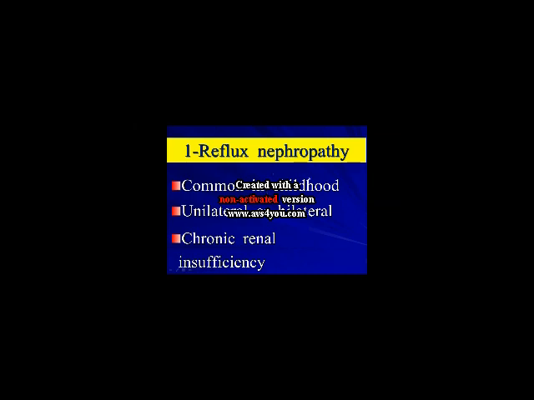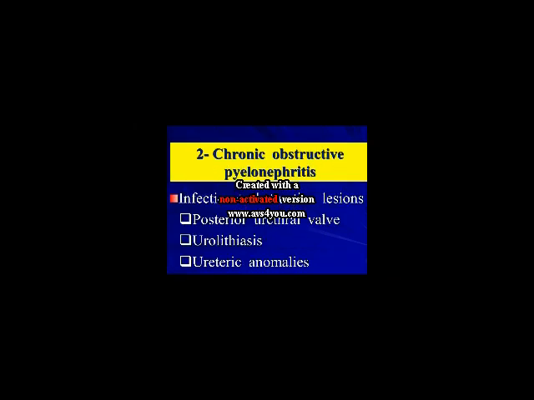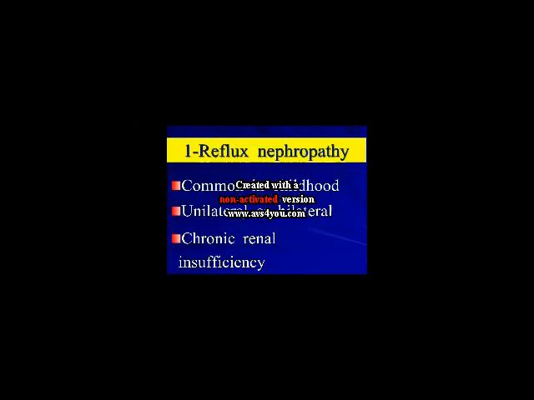And so it is present since childhood. It can be unilateral or it can be bilateral. And in this case, because there is residual urine, patients develop recurrent attacks of acute pyelonephritis, and they cause damage of the kidney that results in chronic renal insufficiency.